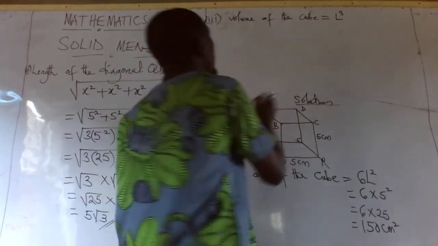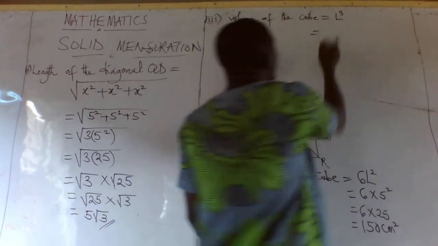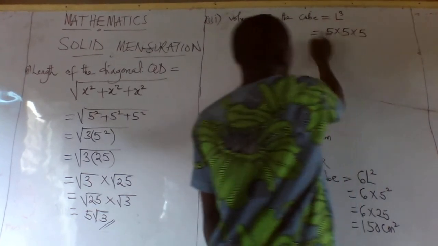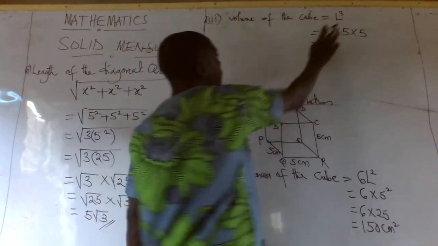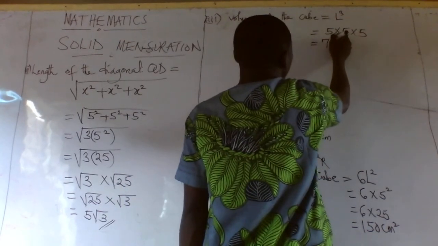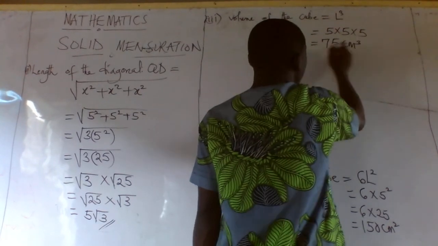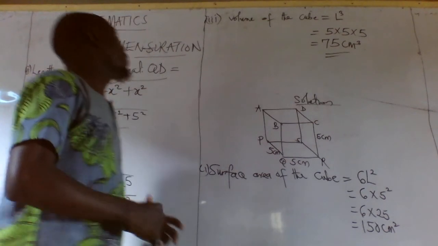Our length is given in the question as 5. So we have 5 times 5 times 5. 5 times 5 is 25, and 25 times 5 is 125 centimeter cubed, since it is volume. And that ends the solution of our question.